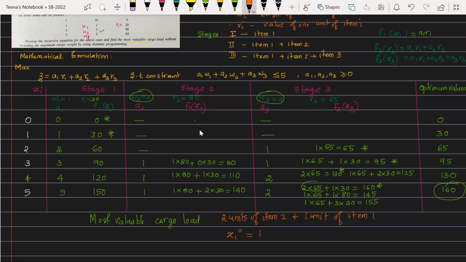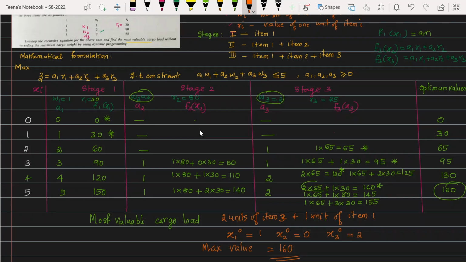Then 2 units of item 3 actually. x2 optimal is equal to 0 and x3 optimal is equal to 2, and the maximum value is equal to 160. Okay, so that's the answer.